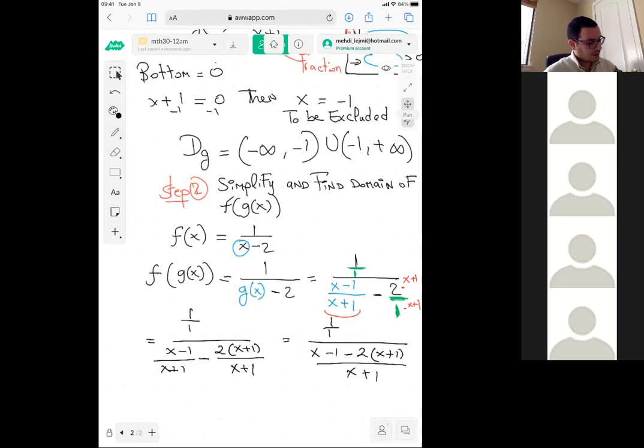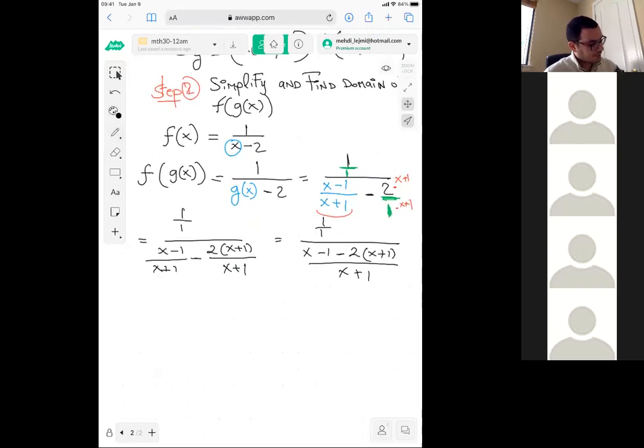In the bottom we have x minus 1 minus 2x, and then minus 2 times positive 1, that's negative 2, so minus 2 here, with x plus 1 in the denominator.